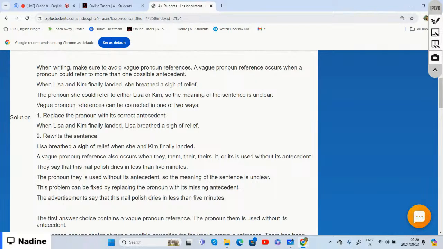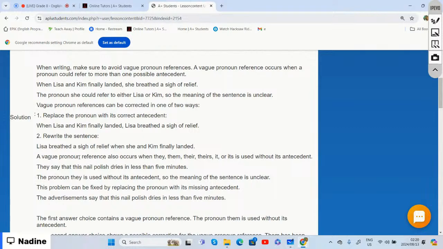And we said a vague pronoun reference occurs when a pronoun could refer to more than one possible antecedent. And we can actually correct a vague pronoun reference.